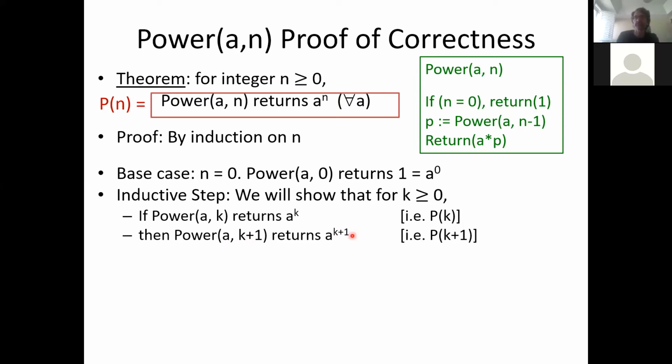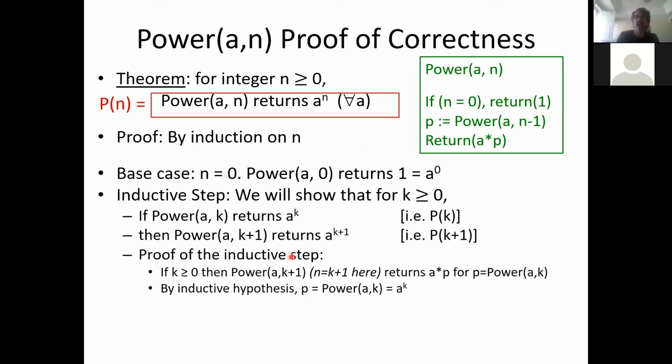Okay, so let's see whether this indeed follows from that. And it does. Why? If k is at least 0, then let's look at what this algorithm does on these inputs. The input is k plus 1, so in other words, n is equal to k plus 1. If k is greater or equal to 0, then k plus 1 is greater or equal to 1, and therefore this line is not going to be triggered.